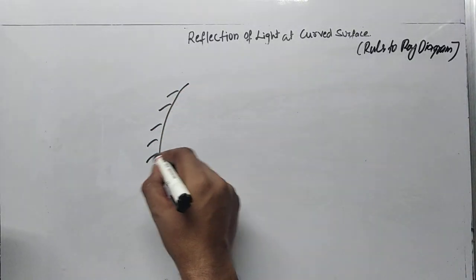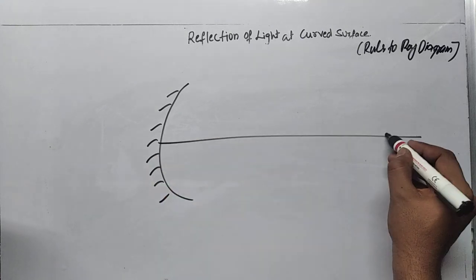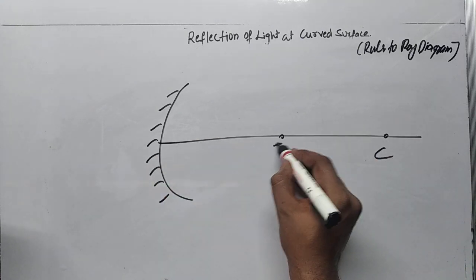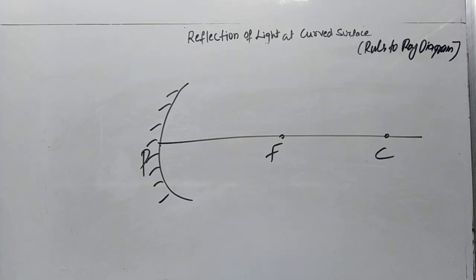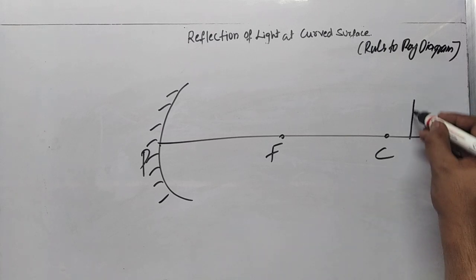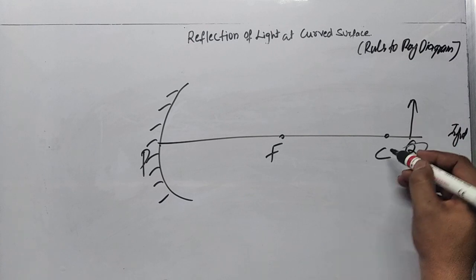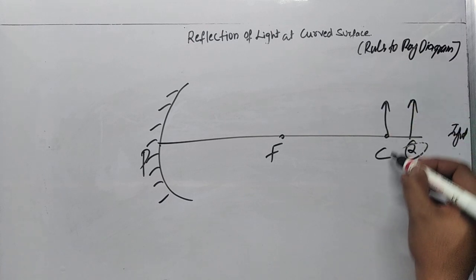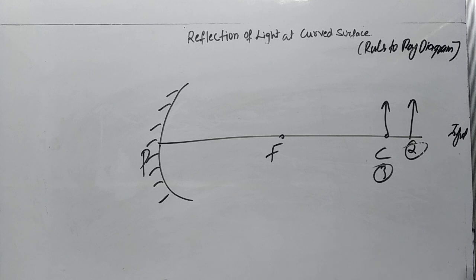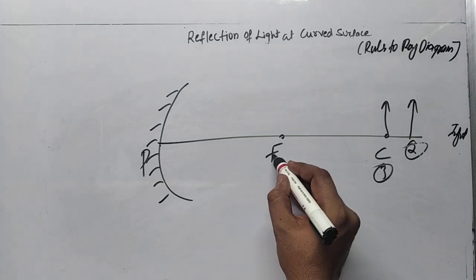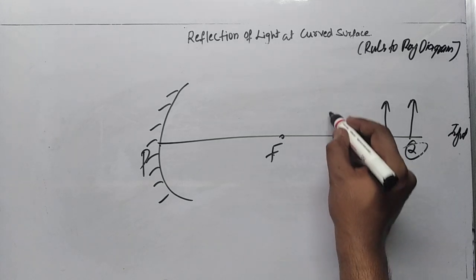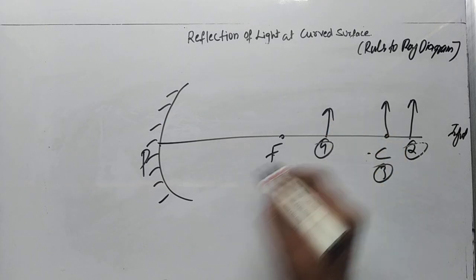Related to the concave mirror, this is center, this is focus, this is pole. We can place the object in 6 different positions. First position is at infinity, that is the first case. Second case is if you are placing an object beyond the C. Case 3 is whenever the object is placed at center of curvature. Case 4 is whenever an object is placed between focus and center of curvature.